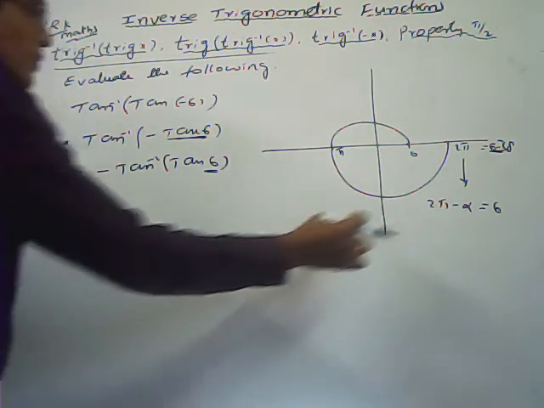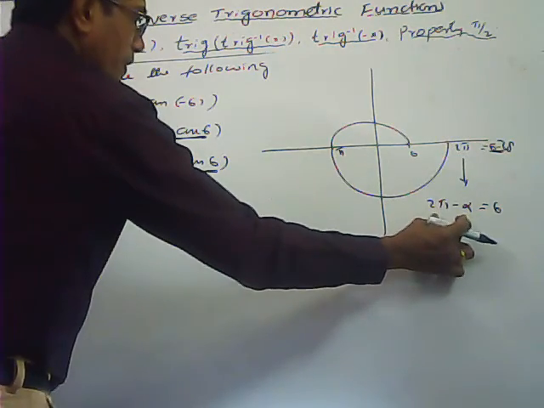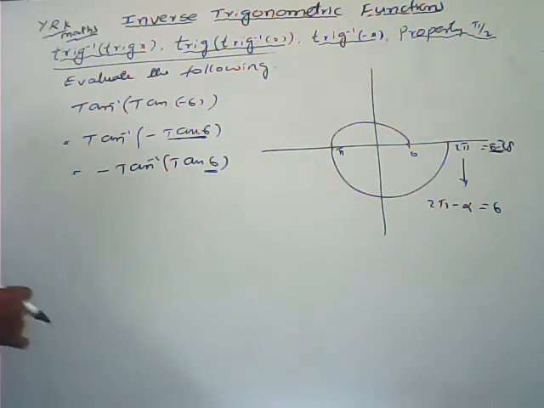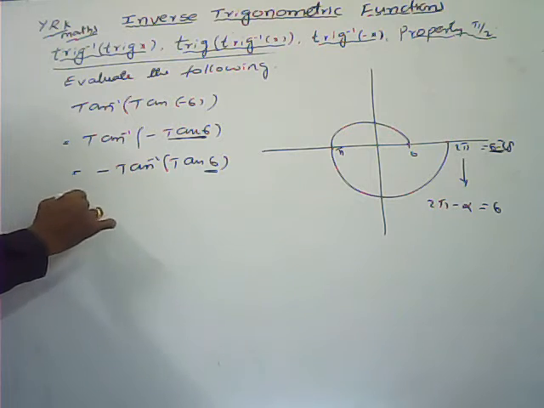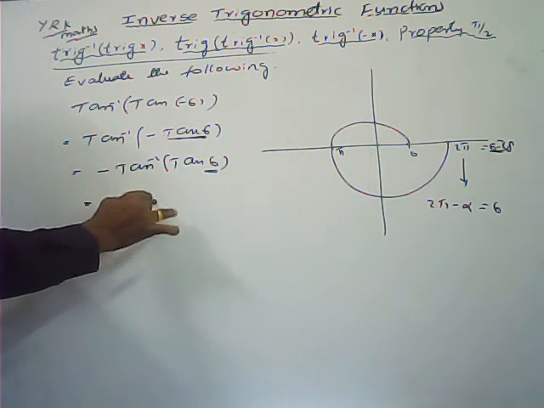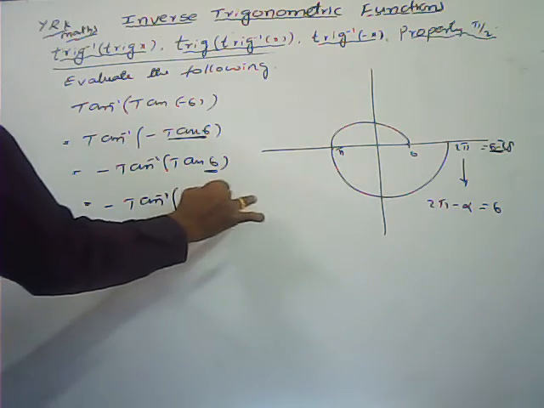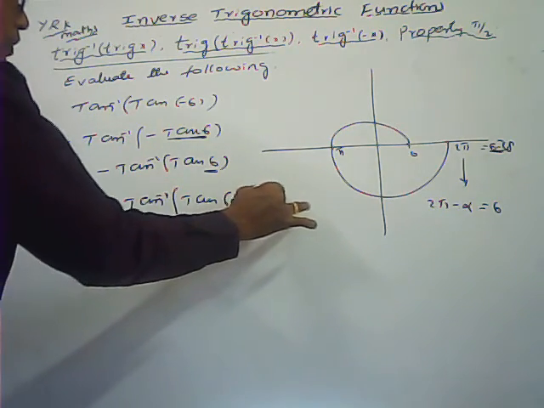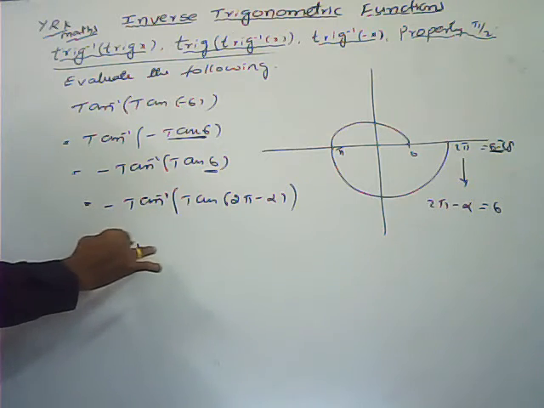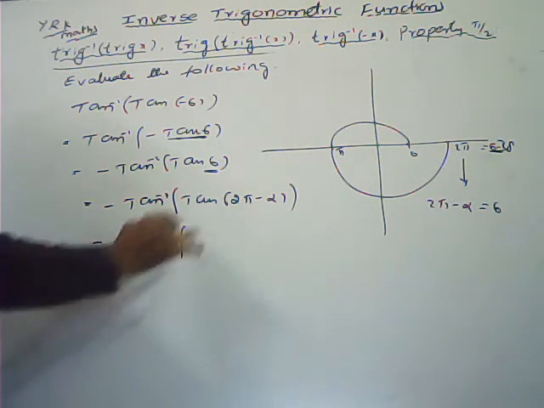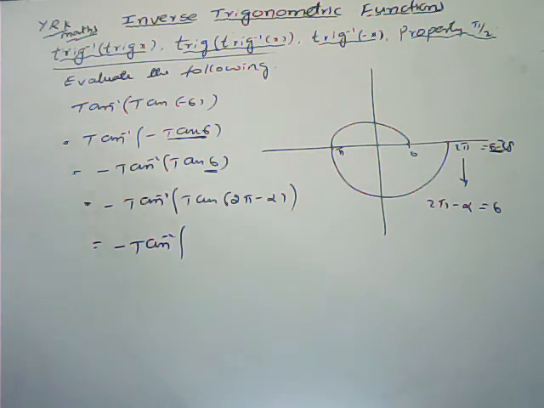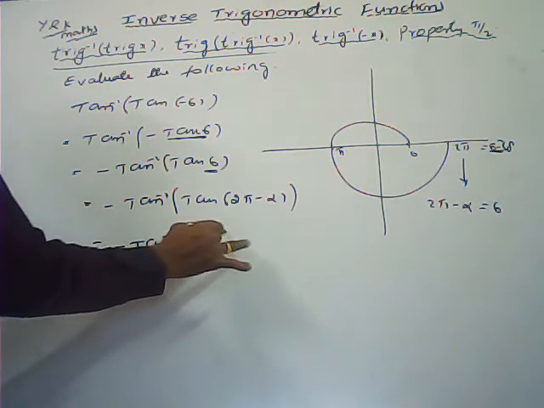By subtracting some acute angle, 2 pi minus alpha, then we can get 6 radians. Minus tan inverse tan of 6 here: 2 pi minus alpha, minus tan inverse tan of (360 minus theta) belongs to the fourth quadrant. In the fourth quadrant tan is negative, minus tan alpha we can get.